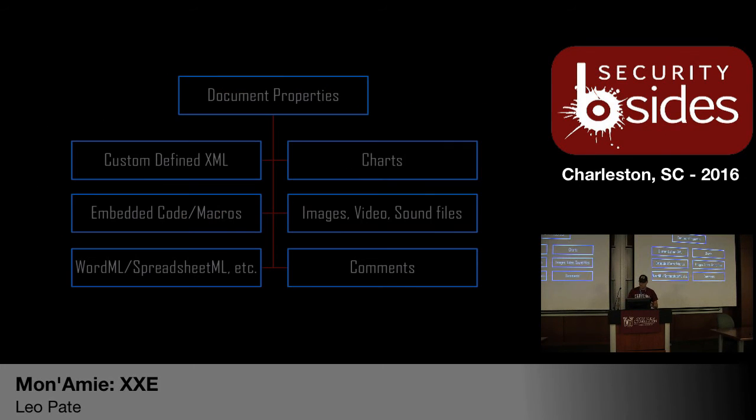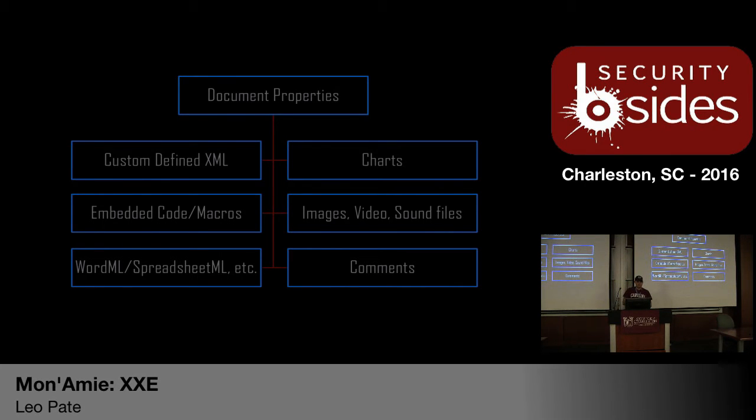So this is how typical OpenOffice format files are broken down. You have document properties, which is essentially your metadata: the author, the date it was last modified, the date it was last opened. You have any custom defined XML, which might be XML code specific to that file format. Any embedded code or macros will show up here.